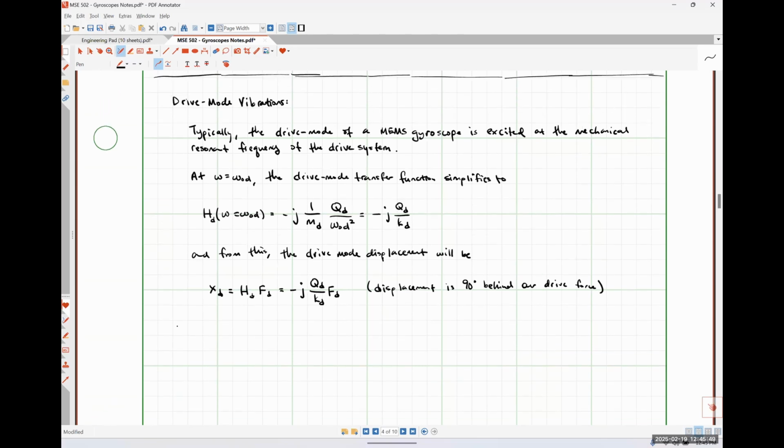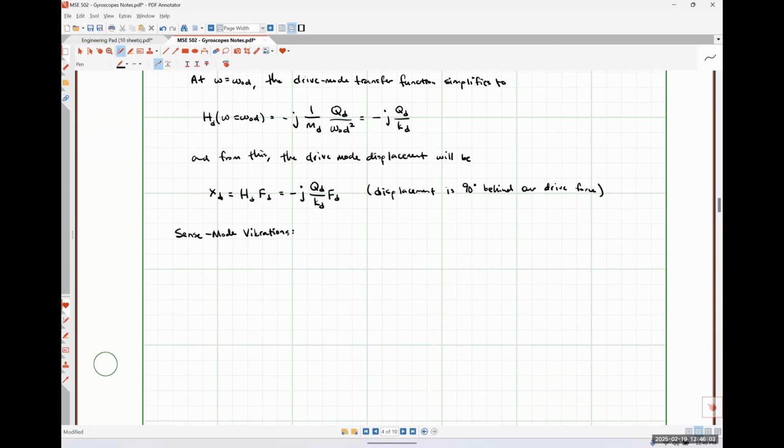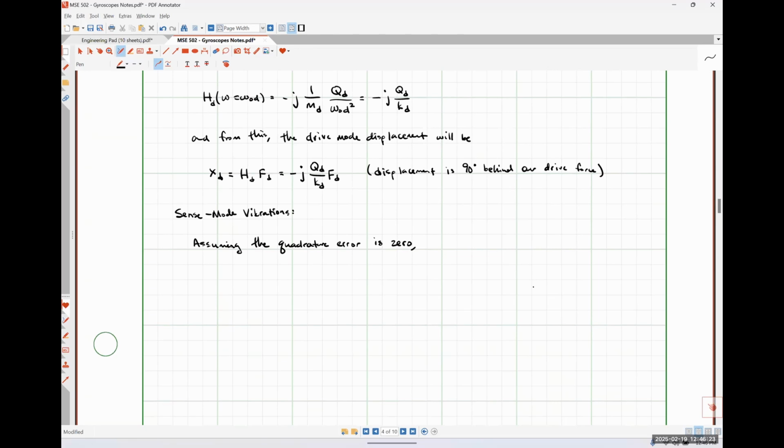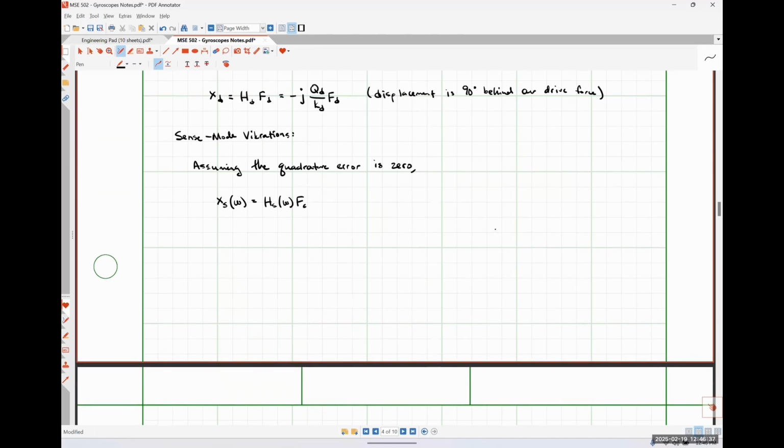In the sense mode, so if we assume quadrature error is 0, then our sense mode displacement XS as a function of omega will be HS as a function of omega times our experienced Coriolis force.